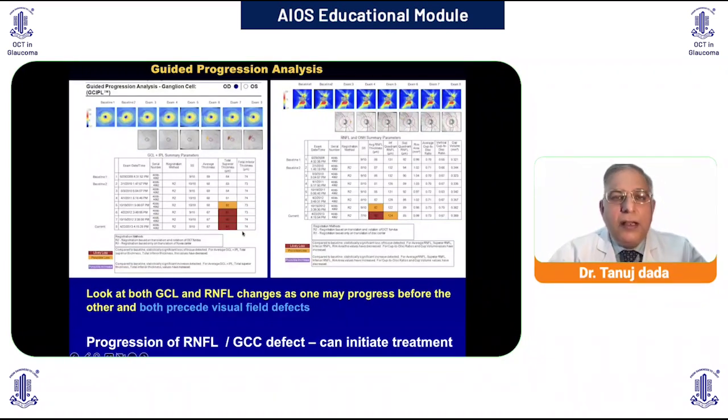And then you can take a call on starting treatment with the patient. If you see progression documented and clinically also you are seeing signs of an RNFL defect enlarging, or some clinical signs like high IOP or pseudoexfoliation or other risk factors.